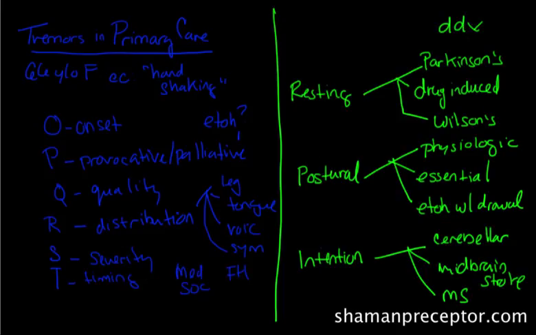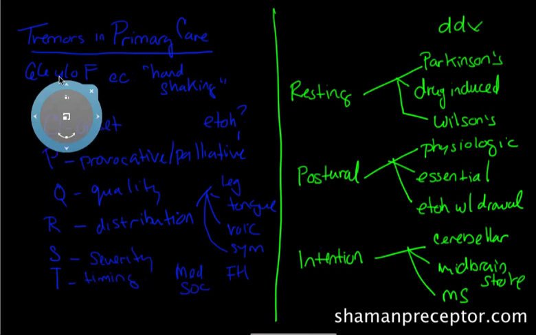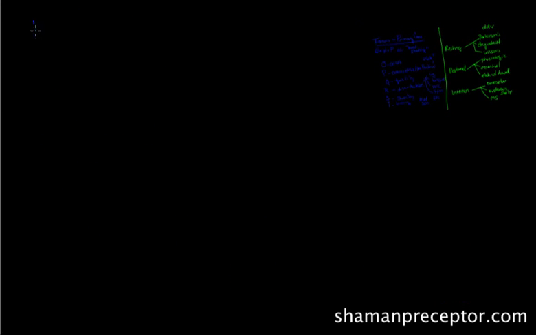So with all this in mind, we can start talking about the physical exam. So for patients with tremors, the first thing you want to do is just see them at rest with their hands on their thighs, supported against gravity.